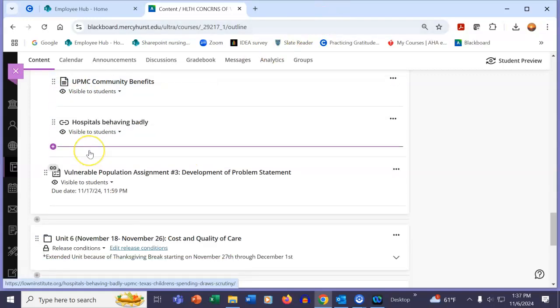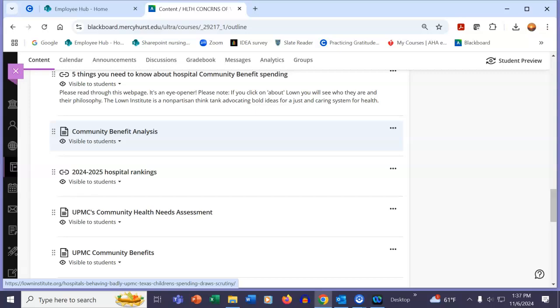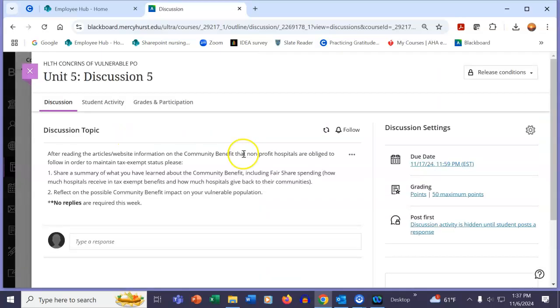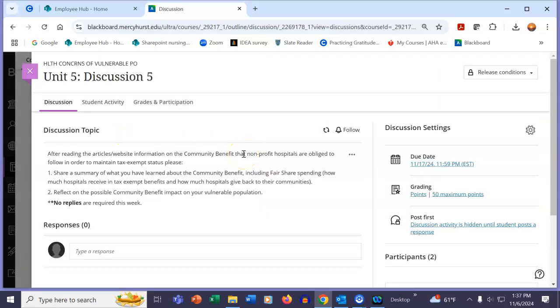So that is where we're going to stop, because where is our discussion board? Here it is. I put it way up here. The discussion board is going to be based on everything that you've looked at on the community benefit. What did you learn? Include the fair share spending. You'll see that in the first article, the 5 things you should know about the community benefit.